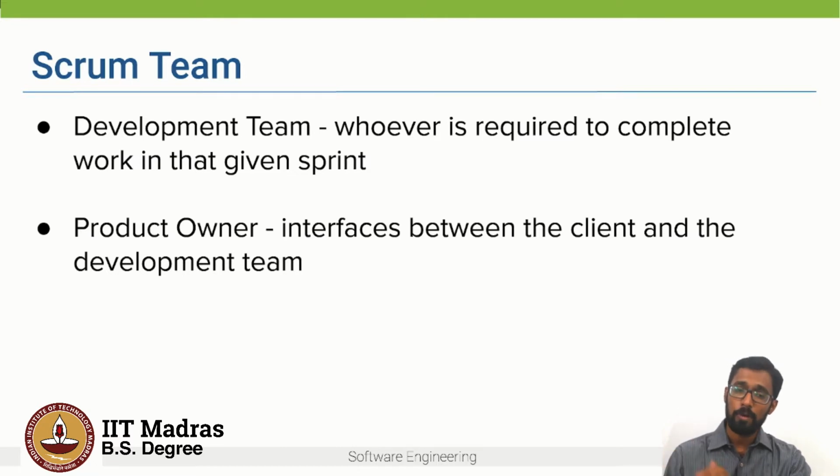The product owner also takes into account other stakeholders in the organization, for example, the constraints of developers, technology constraints, etc., and communicates all of this to the client. The most important responsibility of the product owner is to take all these inputs from the clients and the development team and prioritize the work to be done in a particular sprint.